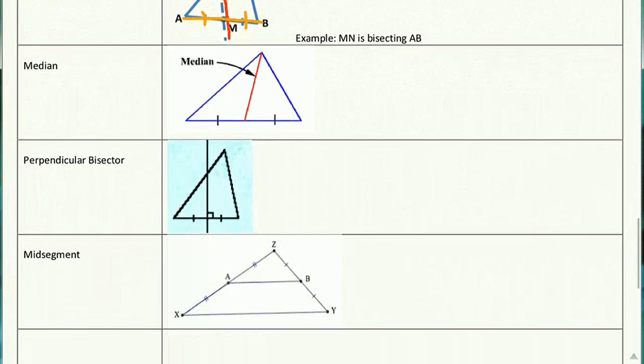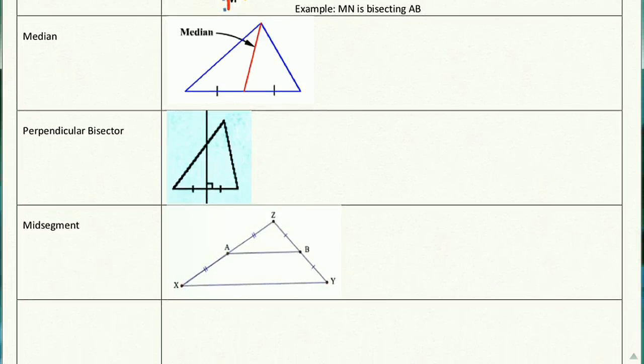Now going down a little bit, a median is going to have some of these things in common. Now a median is a line that goes from the point on one side of a triangle to the midpoint on the opposite side.